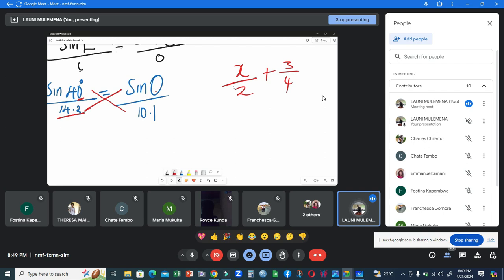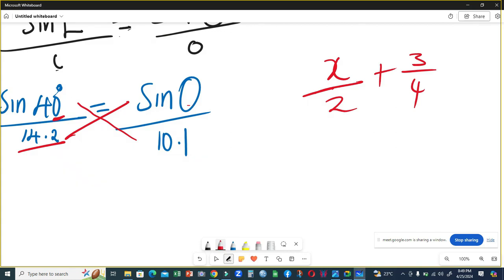So we need to enjoy the rules now. You're only supposed to cross multiply if, one, you have fractions. Secondly, you have an equal sign in between those fractions.